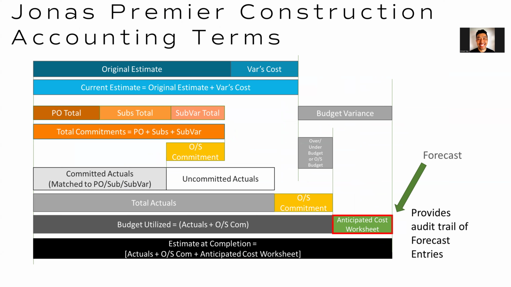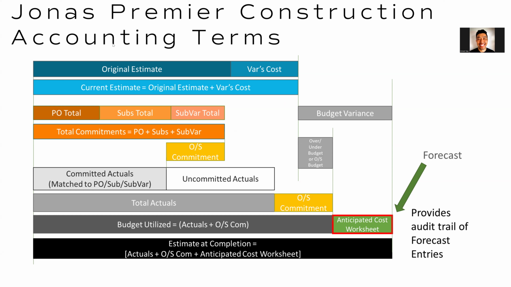If I start from the top of this slide, we've got original estimate and your variation costs. Original estimate is what you upload into a job, saying this is the total cost of the job as we estimate at the very beginning of the project. And then we also have our variation costs. Those two added together in Premiere form the current estimate. So on the job dashboard screen, if you see current estimate, that's how it's calculated.